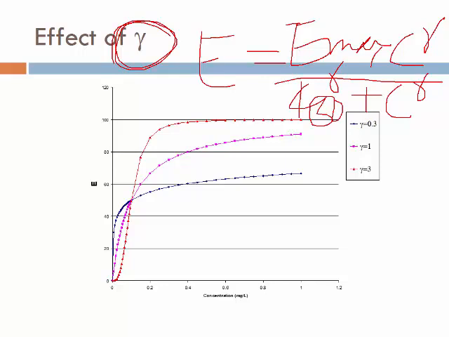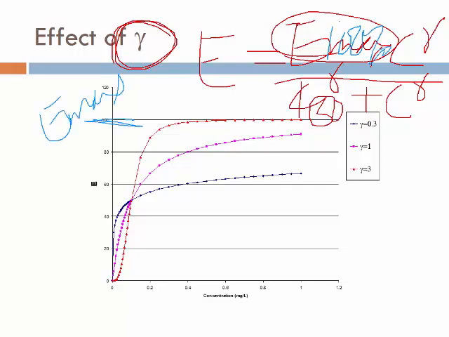I fixed this so that we had the same Emax. So the Emax is always going to be 100%. So here is our Emax. That's the maximal response we can see is 100.